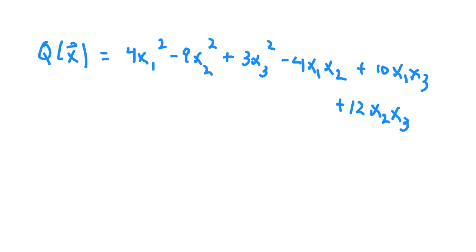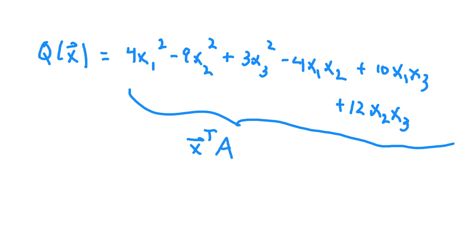Okay, this here is equal to x transpose A times x. A is 3 by 3, x is a 3 by 1, and x transpose is a 1 by 3.